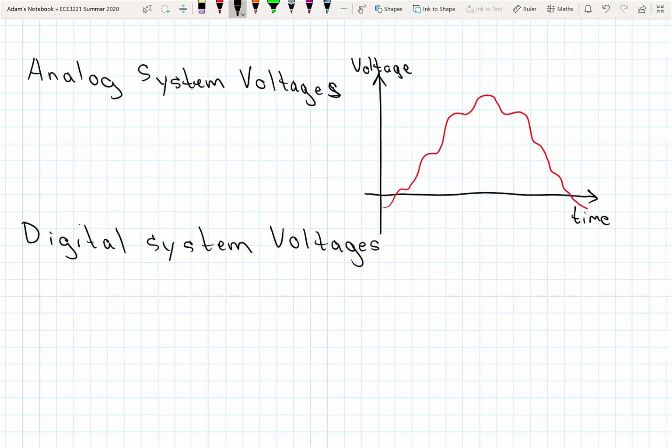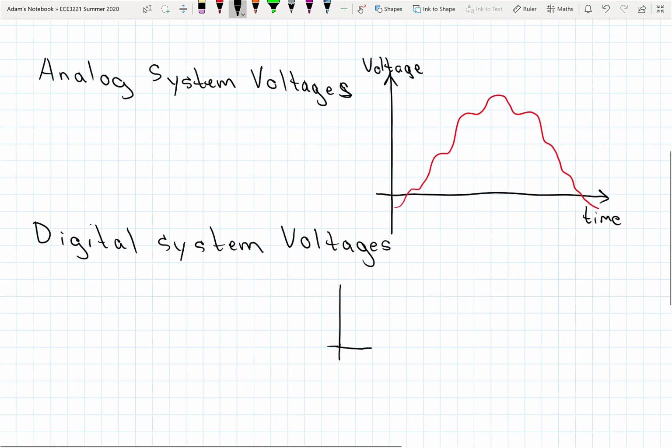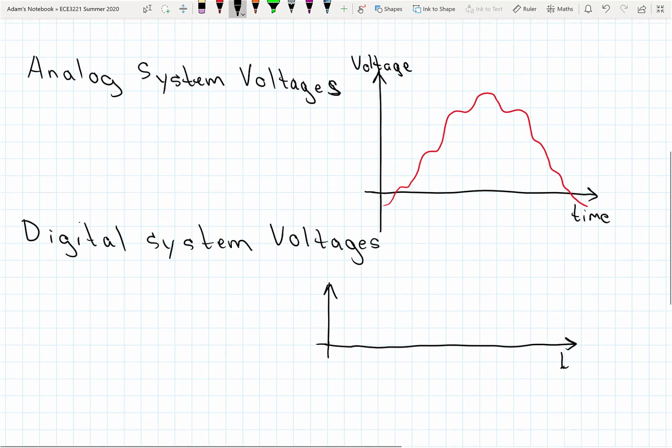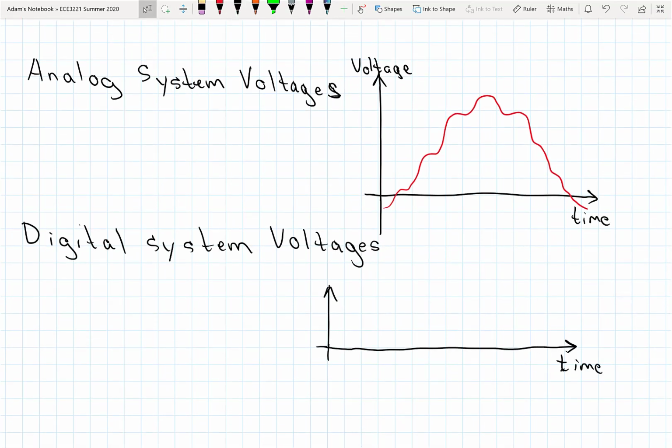Okay, so the difference being, when we represent digital voltages, in the most simplistic sense, we represent our voltages as only being able to have two discrete values. The values can either be high or low.